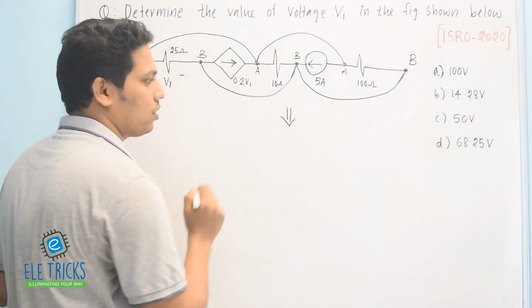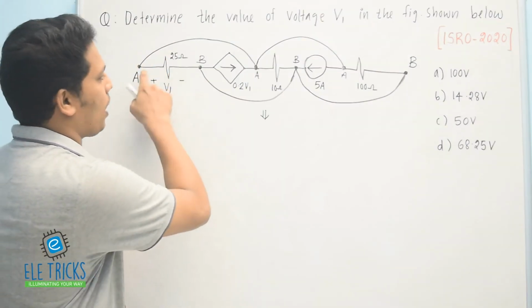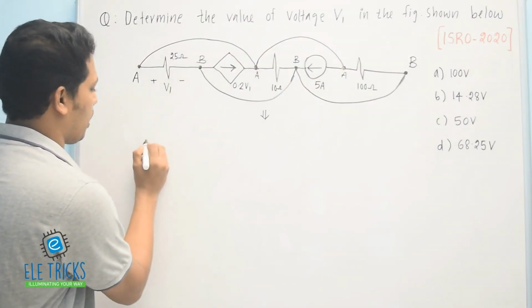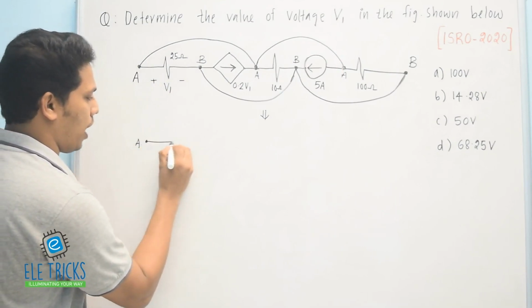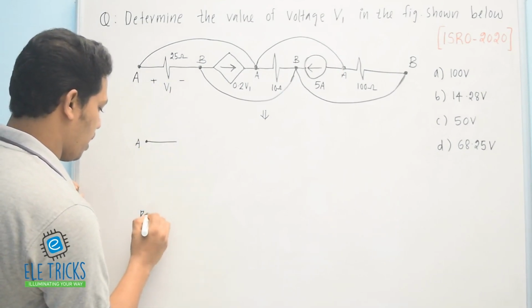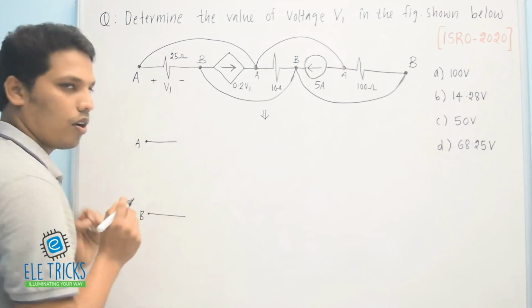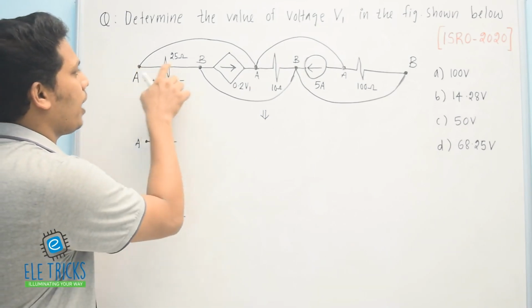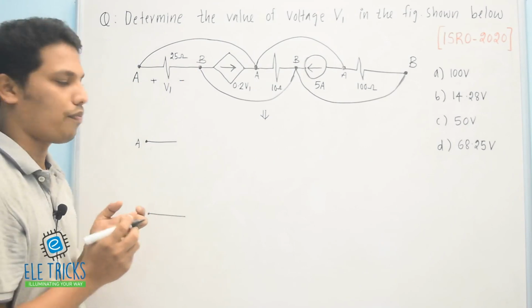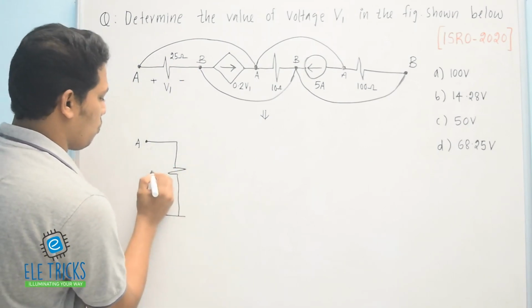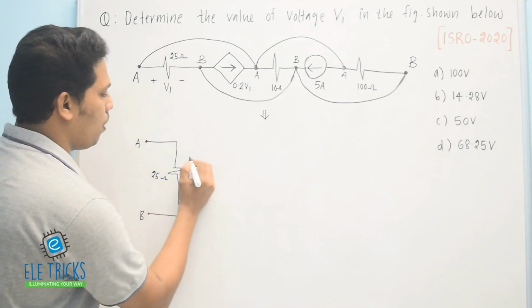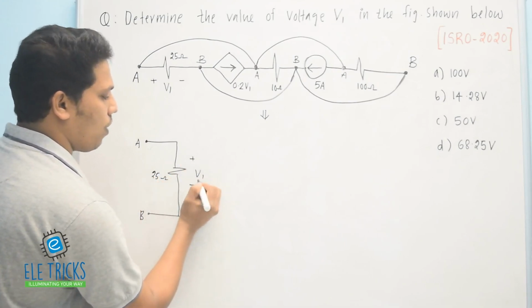See, from the figure there are two nodes, so I mark this as my first node A, and then another node B here. Then A to B, a resistance of 25 ohm. So between A and B I am connecting a resistance. Its value is 25 ohm, but its voltage is marked as V1.